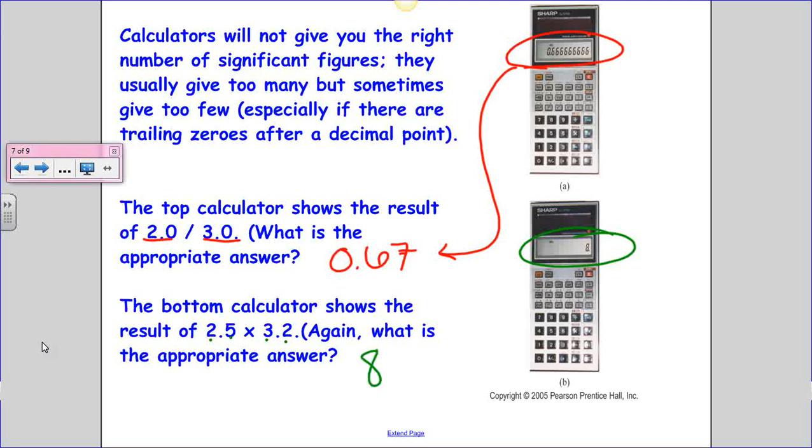The answer 8 only has 1. But it didn't give you any other decimals after. So that means it's exactly 0. And we put that 0 at the end to show that we measured accurately to 2 significant figures, and the last number is 0.